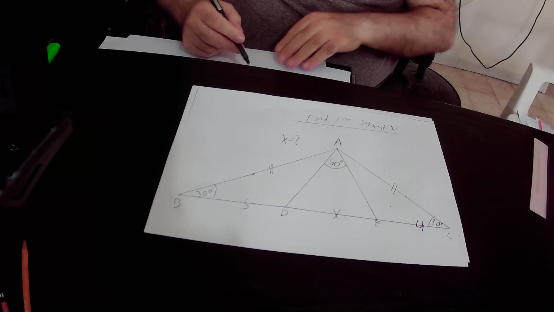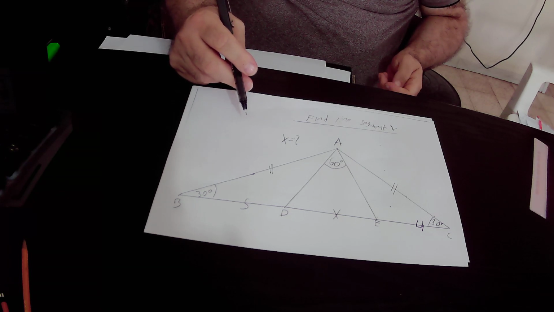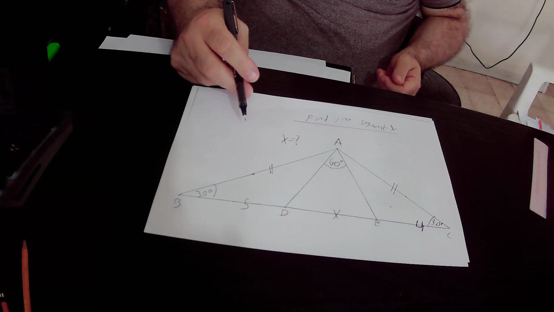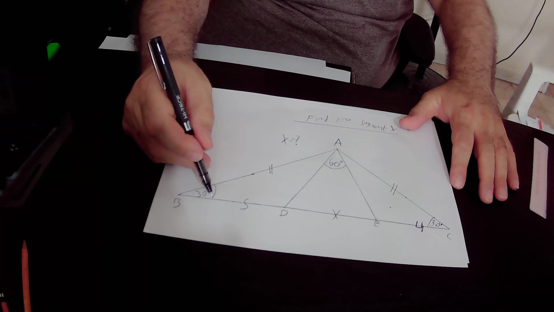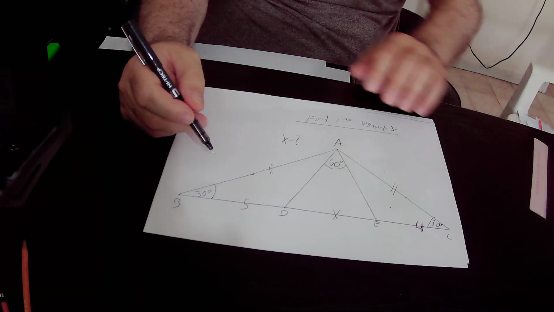Okay, so we will continue to focus on triangle ABC. We know that in any triangle, the sum of the angles is equal to 180 degrees, and especially in triangle ABC, the sum of its angles is equal to 180 degrees.